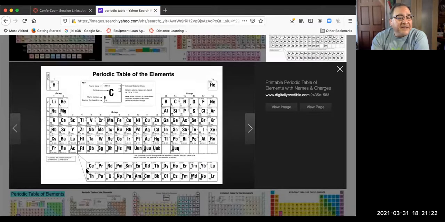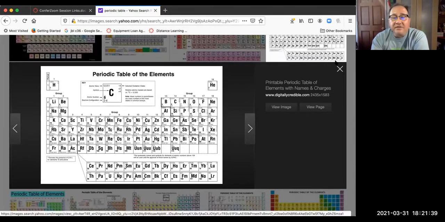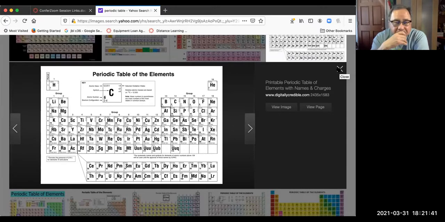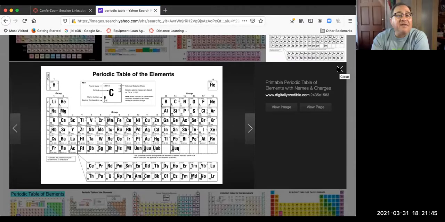You can see that they're trying to point out to you that cerium follows lanthanum and lutetium is at the end here. Thorium is at the beginning and lawrencium's at the end. So this is a pretty good one. Now this is one I wouldn't put on your exam because it gives you way too much information, like the name and all of that.